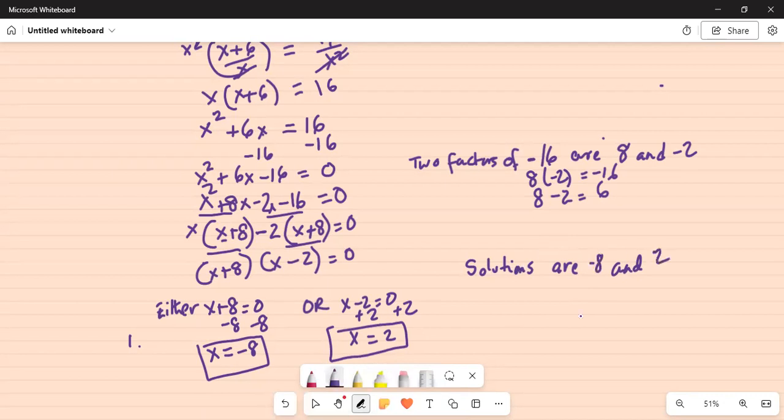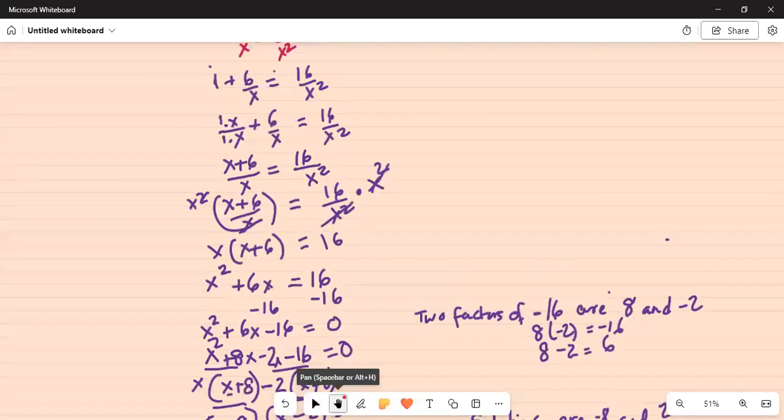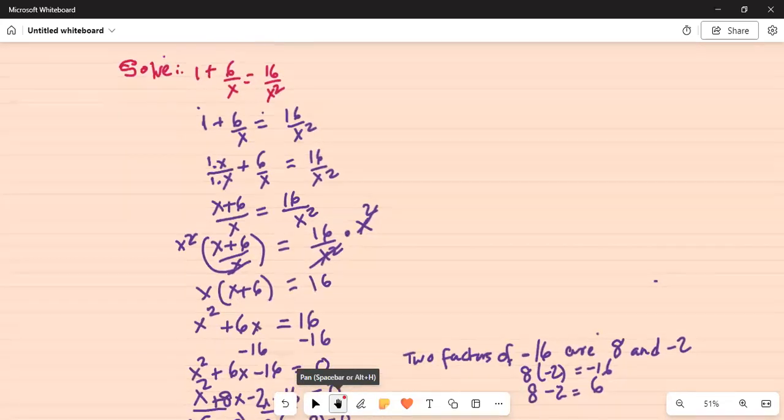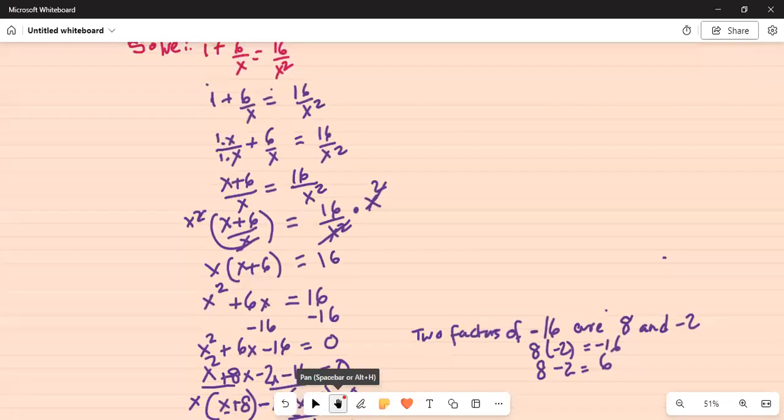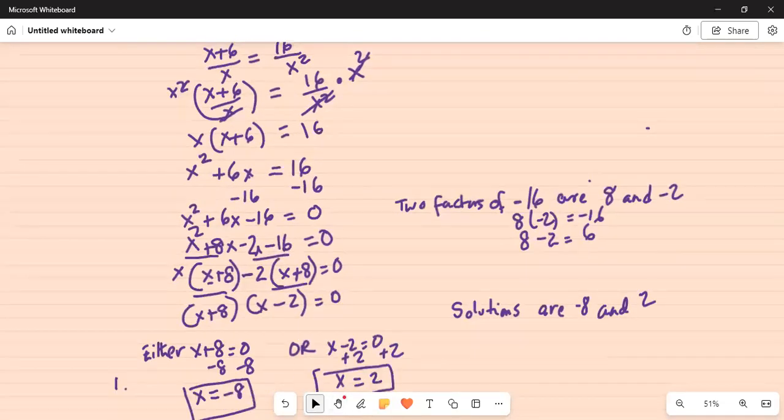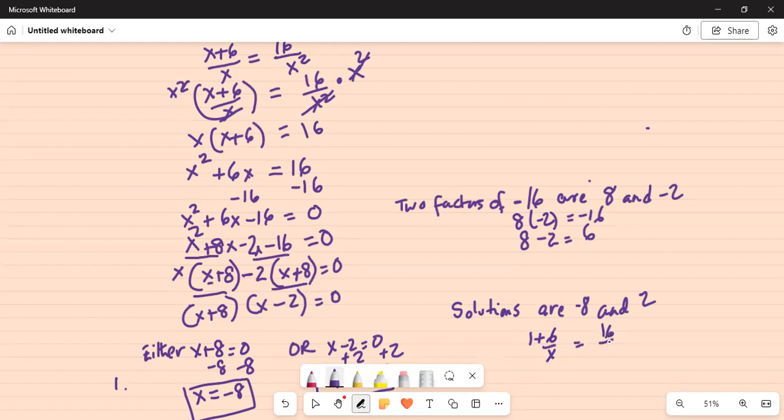Does it make sense? Let's check it. My original equation was 1 plus 6 over x is equal to 16 over x squared. So let's plug in each value. Let's see if that makes sense.